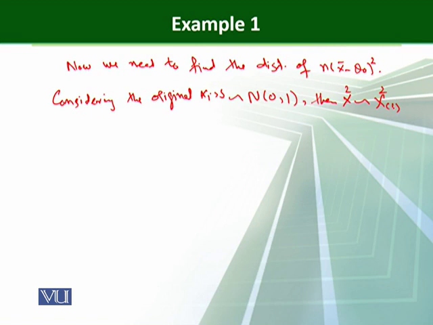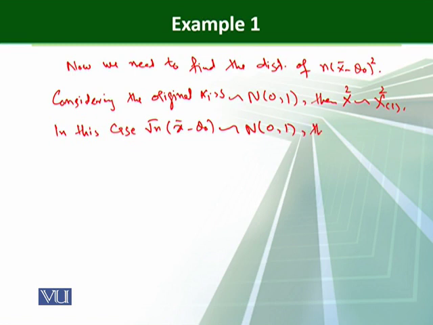We have already proved this. So in this case, root n times x bar minus theta naught follows the standard normal distribution.